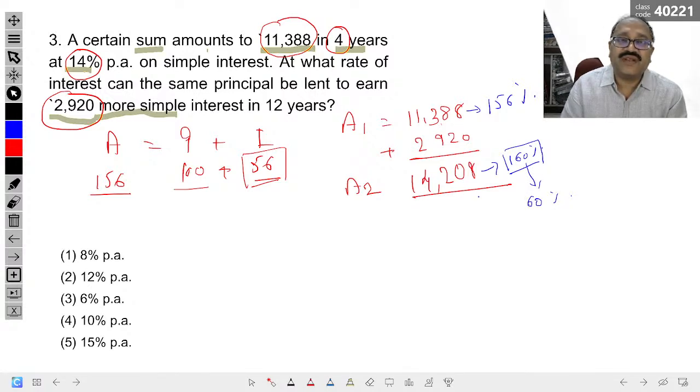Divided by 12 years, the rate of interest will be 5%. Suppose this amount is 180%, then the interest is 80% overall, and in 1 year it is 80 divided by 12, whatever comes.